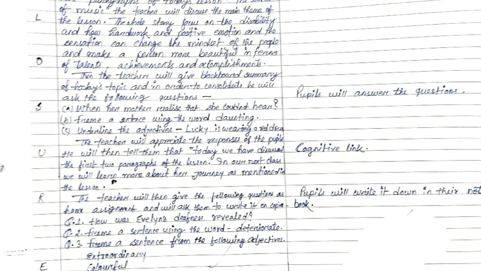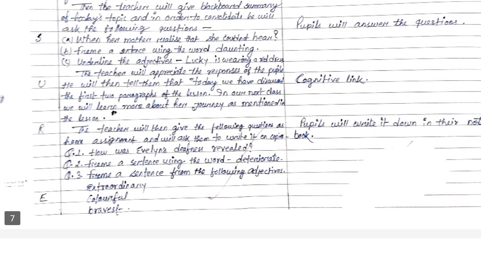Blackboard summary is nothing but the points we have discussed today. These are the simplified points we have discussed today. Importantly, there are some points like the textual fact, and regarding the textual fact we have to mention a single question from the text, then one or two questions from the difficult words, as we have taken the difficult word as a teaching point, and then the grammar point we have taken.